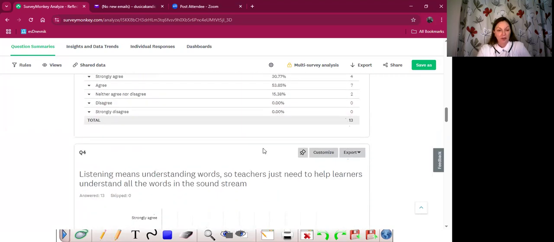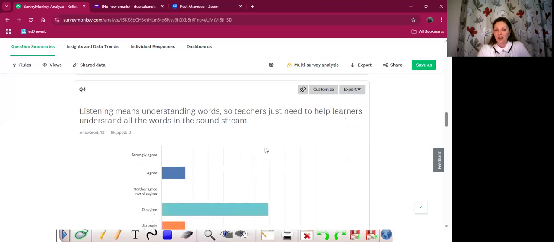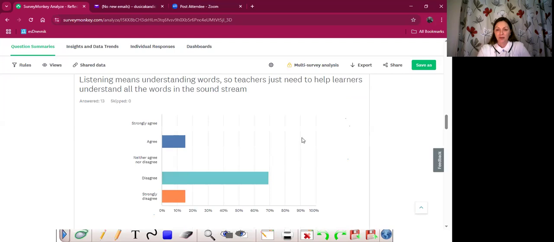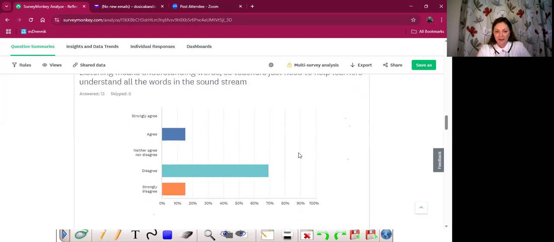Listening means understanding words, so teachers just need to help learners understand all the words in the sound stream. Of course, we disagree, but the research showed that 50% is the percentage that vocabulary helped learners to be good listeners. So understanding words is important, but not every word, of course.